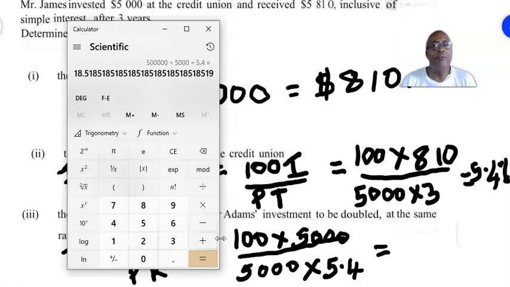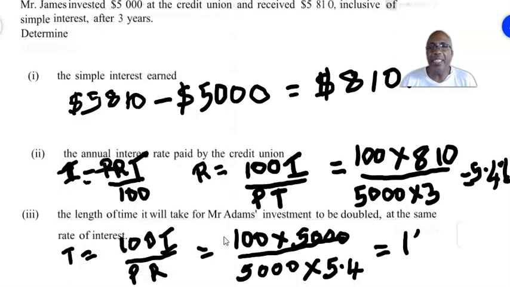And we get 18.518, etc. Let's bring it to one decimal place. So it is 18.5 years.